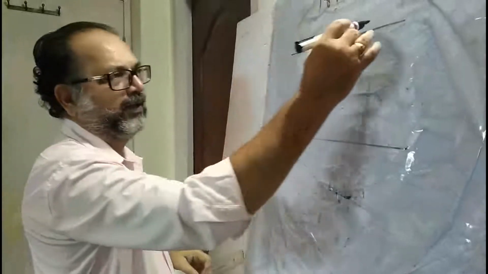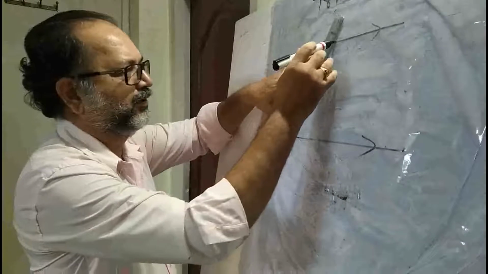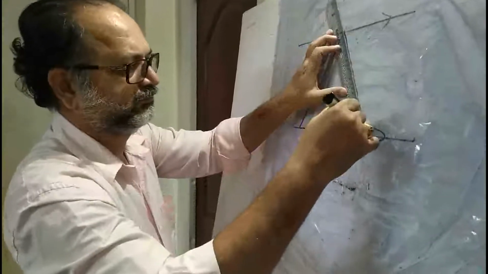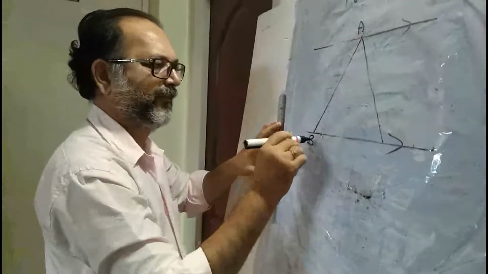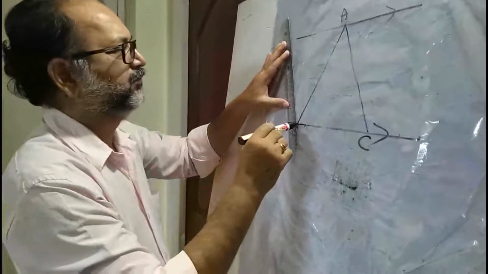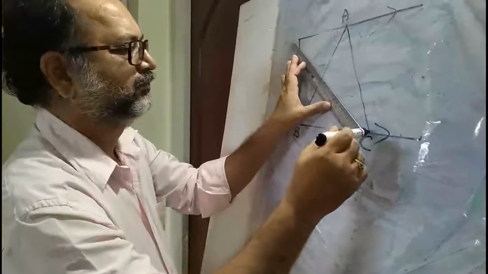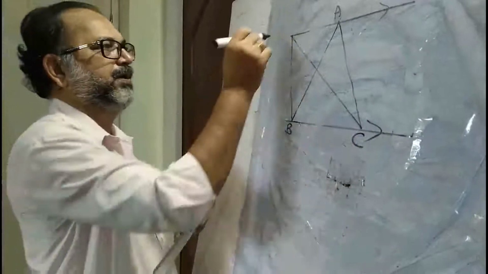Suppose these are parallel lines, and let me draw one triangle here, say ABC. Let me draw another triangle, say here, let's take this as PBC.